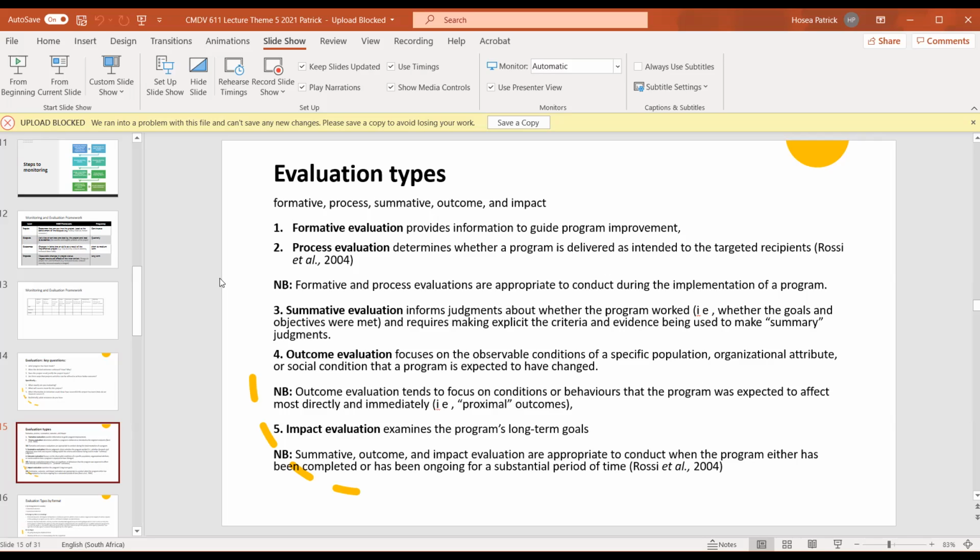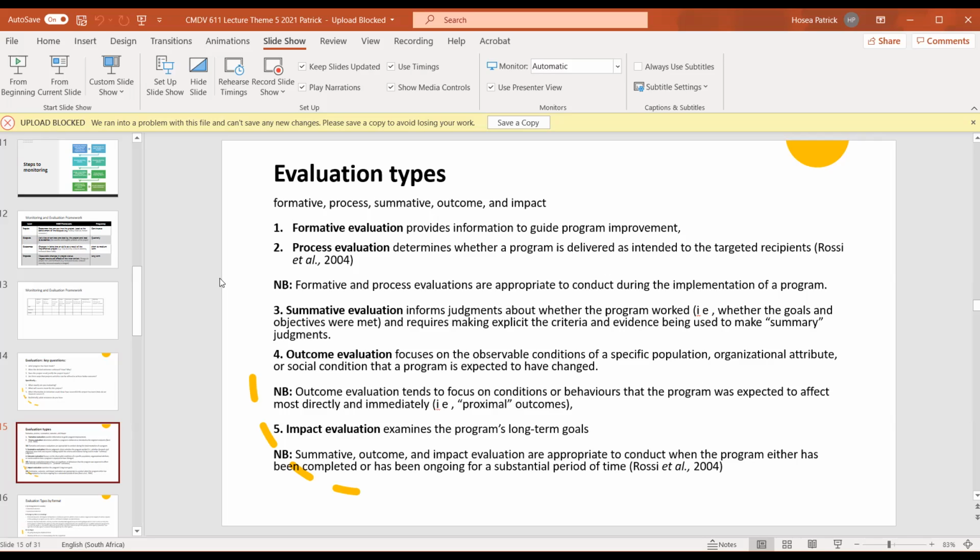And then, like I said, both summative and outcome are at the end of the project. And then the impact is what? The long-term examination, right? When we look at the long-term behavioral change of that particular project.